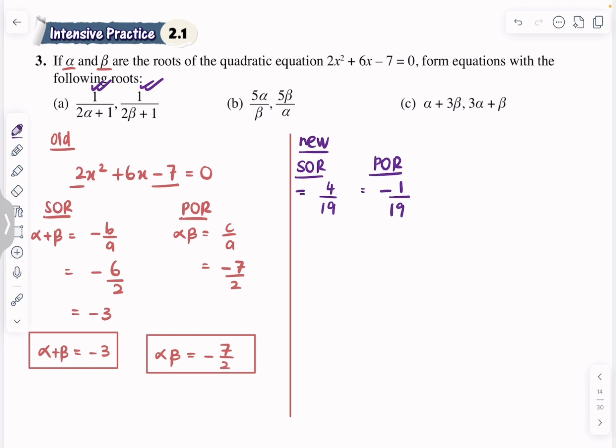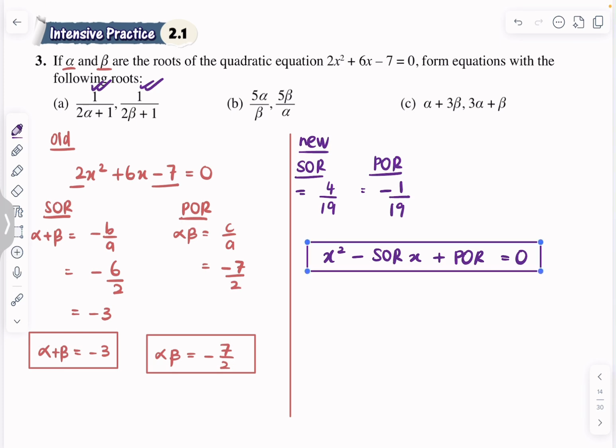The new equation will be, this is the general form, x squared minus SOR x plus POR equals 0. This is the general form, like the formula. So x squared, we put in our SOR, this is our new SOR, 4 over 19 x, plus product of roots, this is our POR, negative 1 over 19, equals 0.